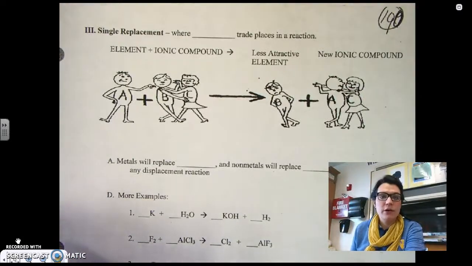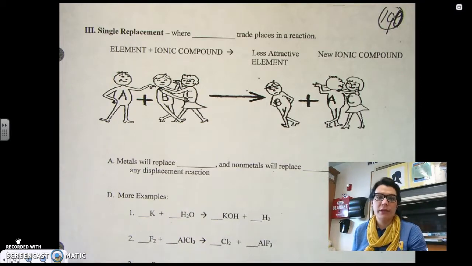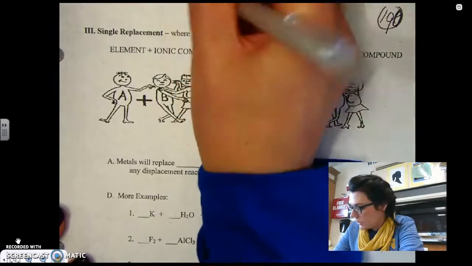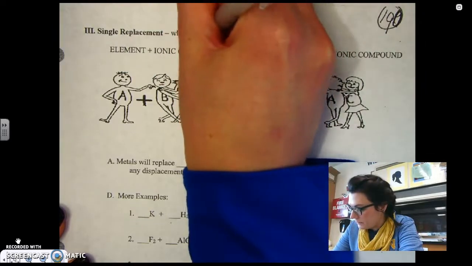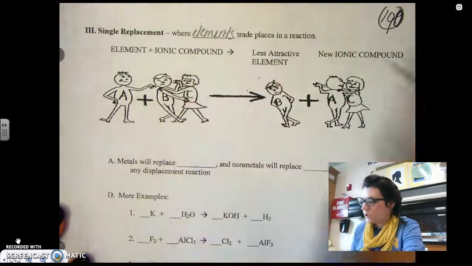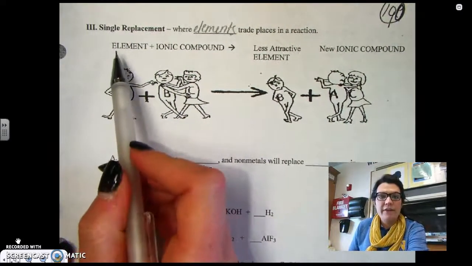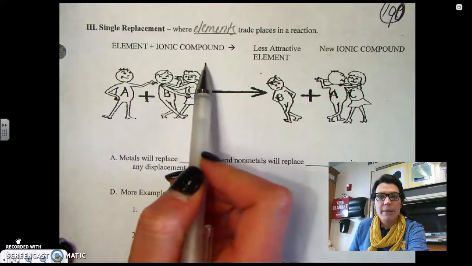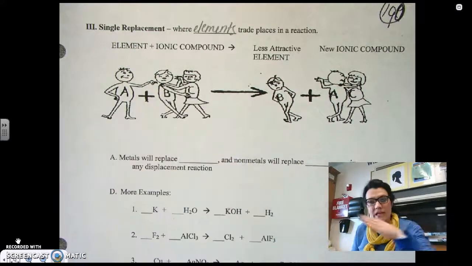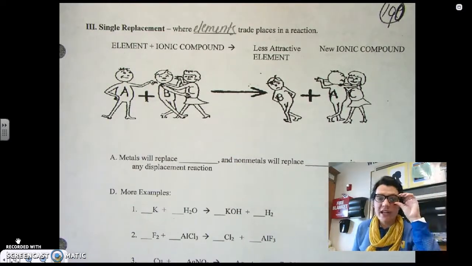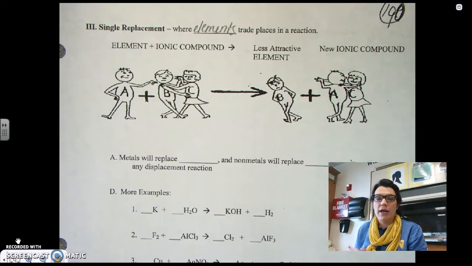A single replacement reaction is where one element trades places in a reaction. So you can have an element plus an ionic compound come in and kick out a less attractive element, and then it creates a new ionic compound.